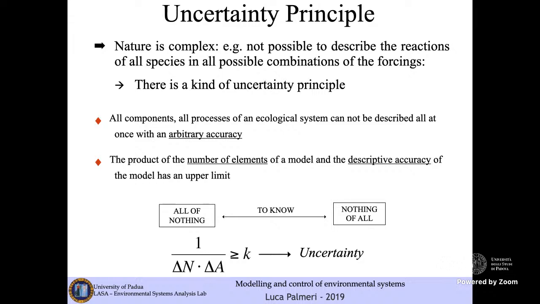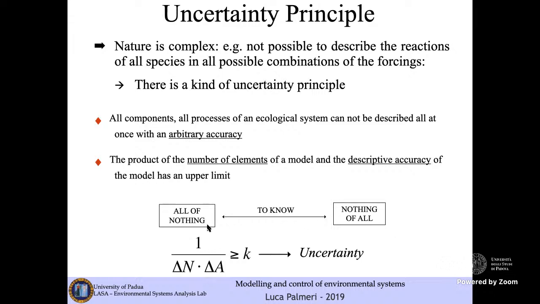We may formalize this uncertainty principle by borrowing the concepts from physics. For example, we may say that the product of a number of elements of a model, for example, the number of state variables, and the descriptive accuracy of a model may have an upper limit. We may write this by saying that we try to find a compromise between describing all of nothing and nothing of all.